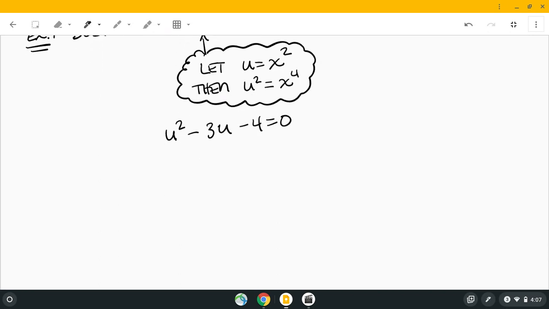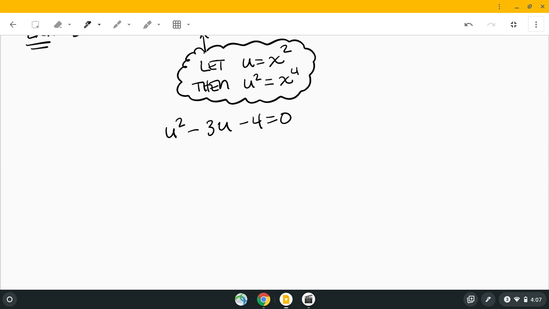And then I can use any of the methods that we learned about for how to solve a quadratic. So I'm going to see if I can factor here. So u and u, positive and negative. It's either 1 and 4 or 2 and 2. Looks like it's going to be 4 here and 1 here.